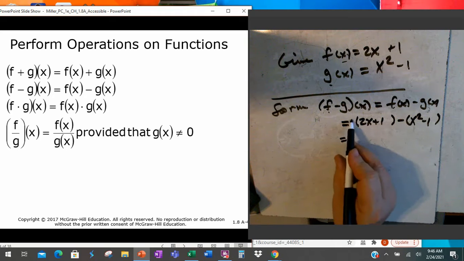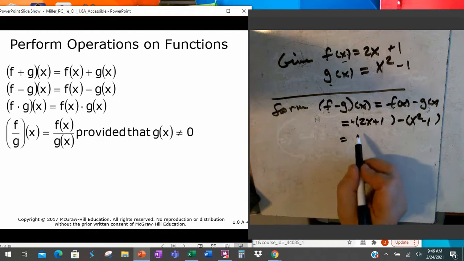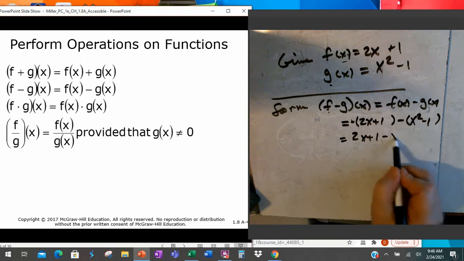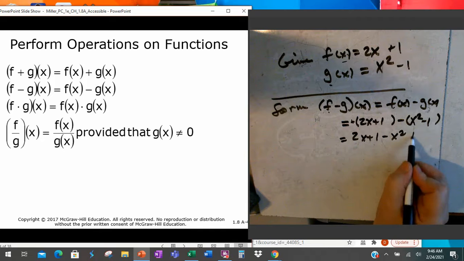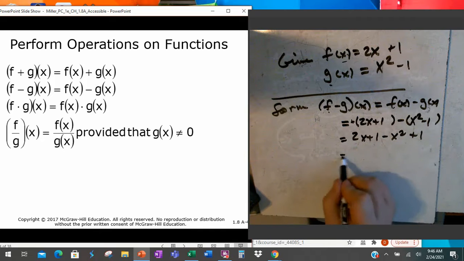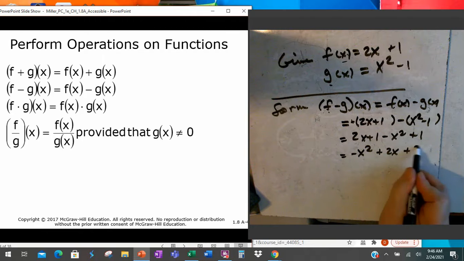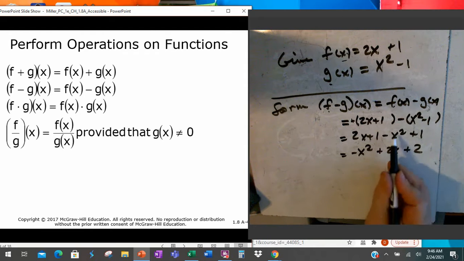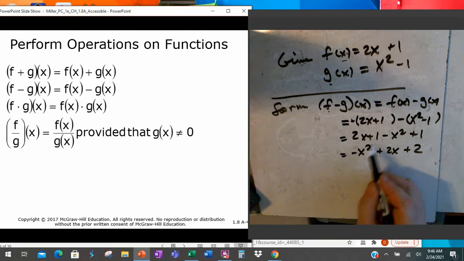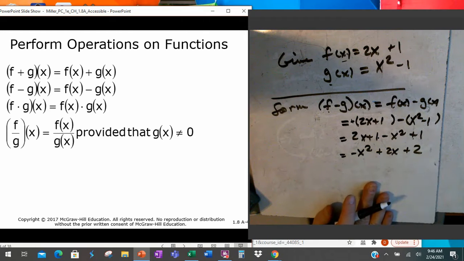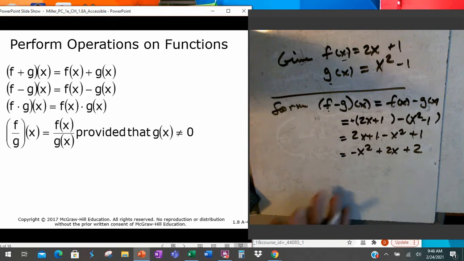So I've got 2x plus 1 minus x squared, minus and a minus gives me plus 1. And then I can re-simplify. This is plus 2, minus x squared, from this distribute, 2x plus 1 because I had to change that, and that one's a plus 2. So that's the difference of two functions.